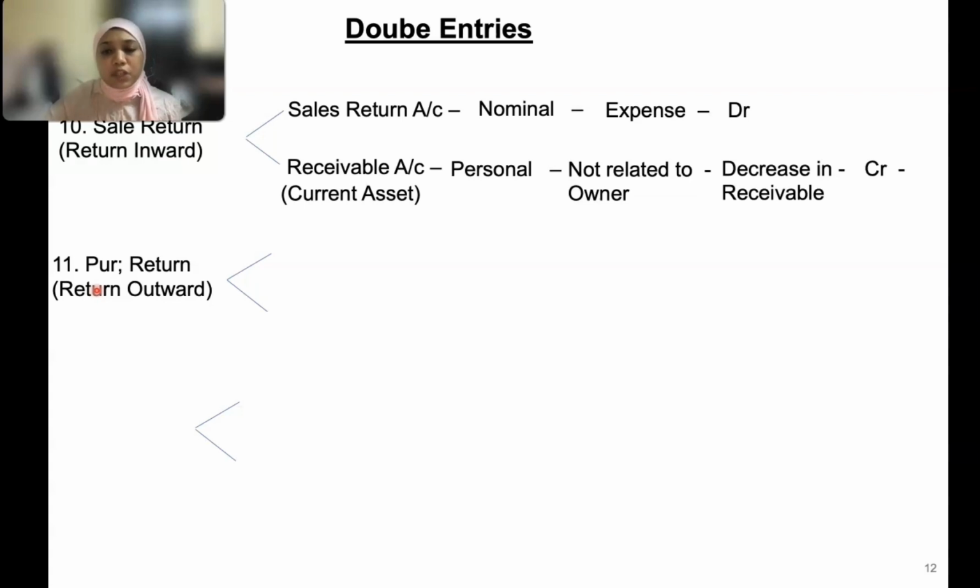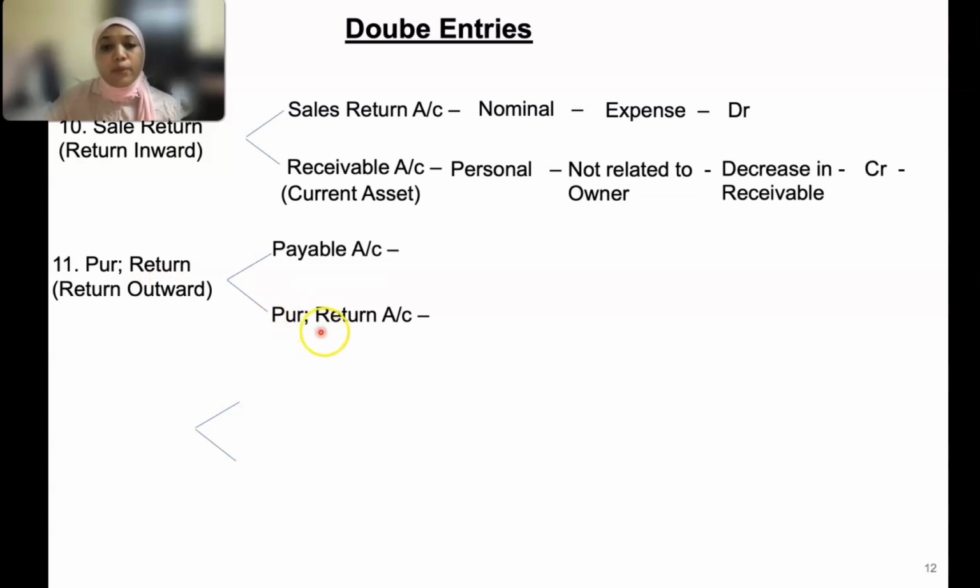Purchase, we record as nominal, expense, debit. Purchase return is nominal, income, credit. So what are the two accounts we are going to open? Purchase return account and payable account.